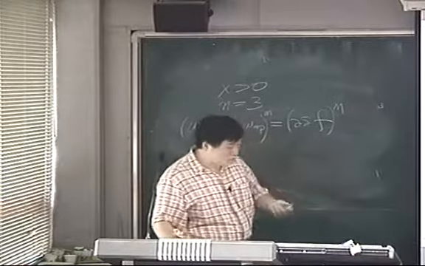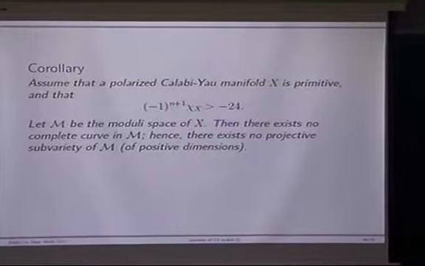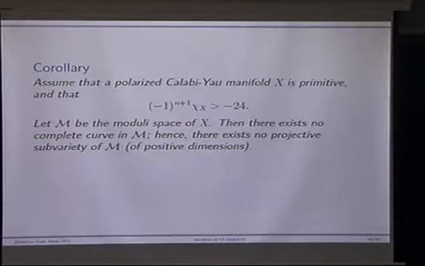That's not possible. Using this idea, if we work a little bit harder, we can do a little better. We don't need to assume that the Euler characteristic number is positive; we only need to assume that it's greater than negative 24. Then the moduli space cannot be compact, and cannot admit any compact subvariety, because otherwise you could integrate against this compact submanifold.